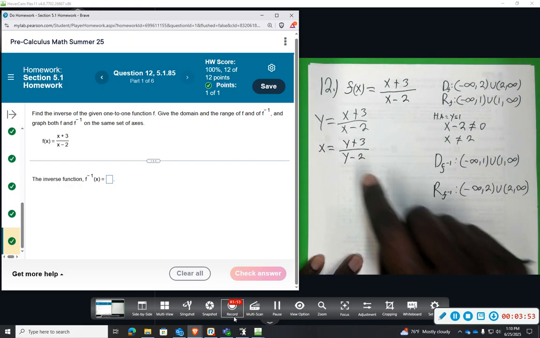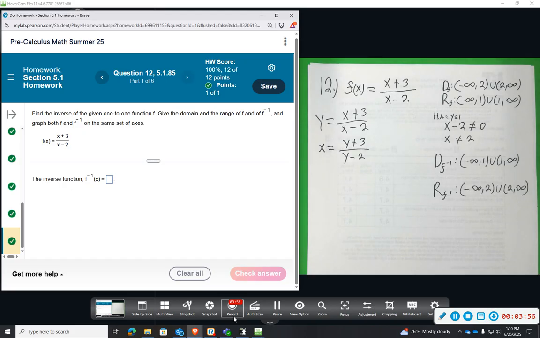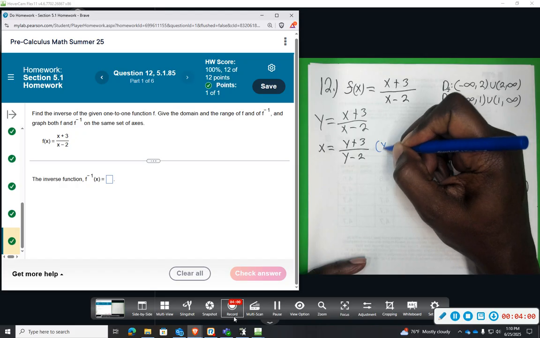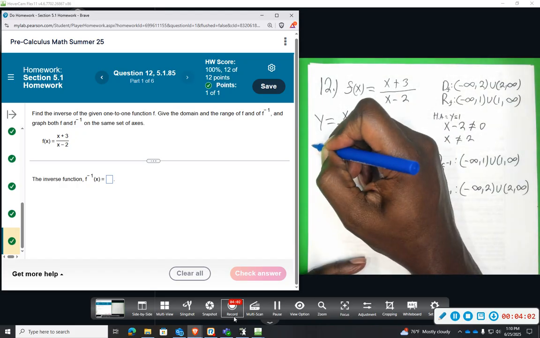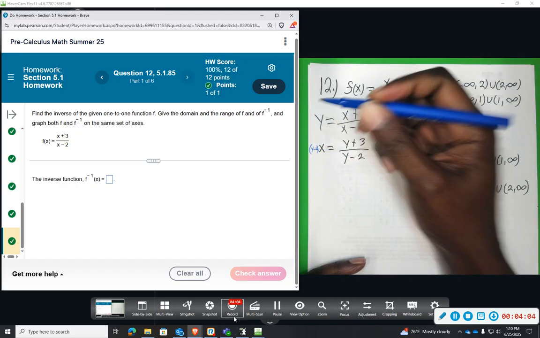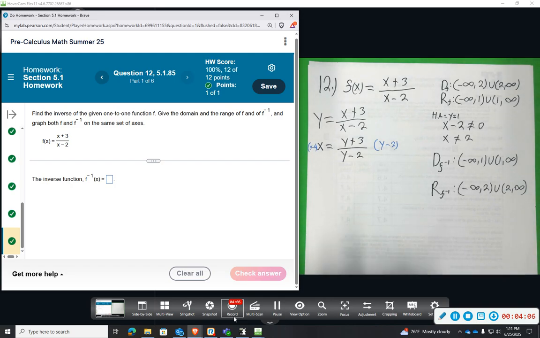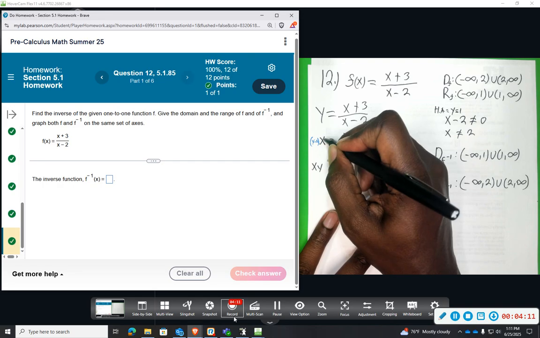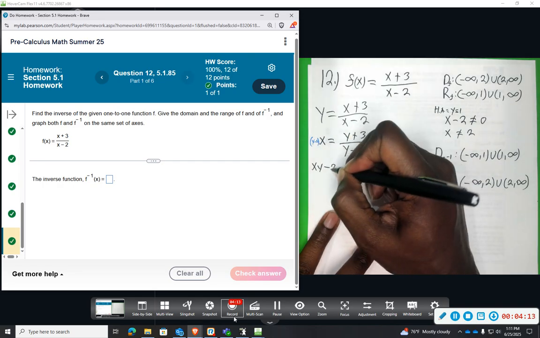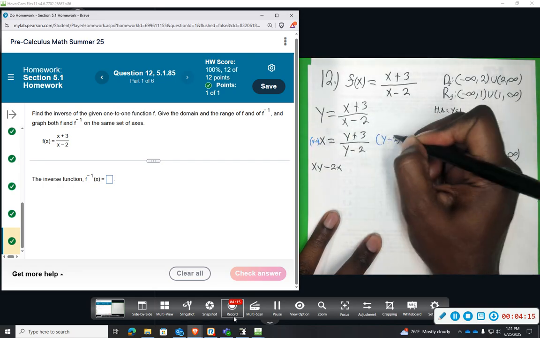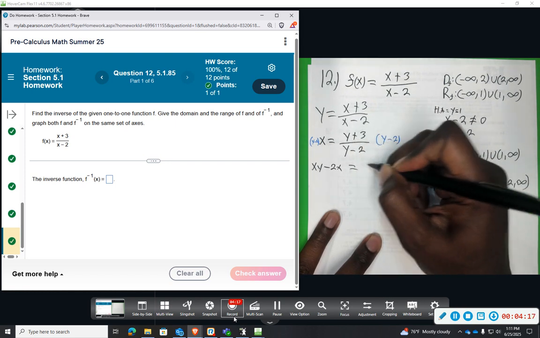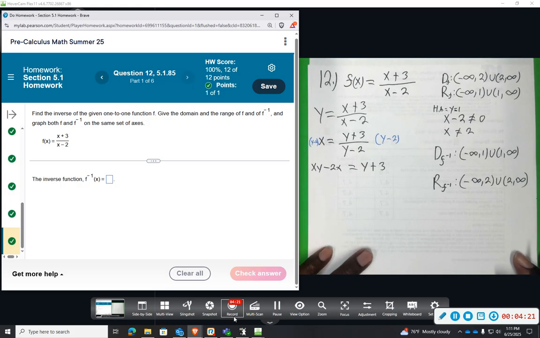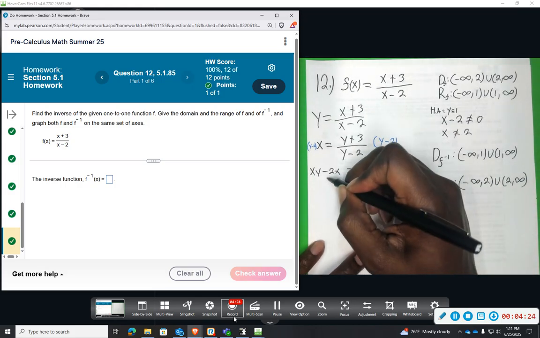I'm going to multiply both sides by y minus 2 to get rid of that fraction. So on this side, I'm going to distribute y times x. That'll give me xy, and then x times negative 2, negative 2x. Multiplying and dividing by the same thing will cancel each other out, leaving me with y plus 3. All right, we're going to move the 2x.